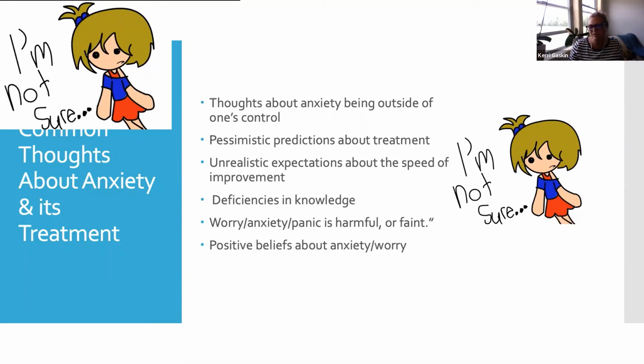So there's that predictive behavior, looking around the world as a positive belief around anxiety. When we think about things like deficiencies in our knowledge, we may think, well, I don't understand, I don't know, I don't even know why my anxiety happens. I can't understand how knowing this could be helpful for me. And we have those pessimistic predictions about our treatment. It's never going to go away.